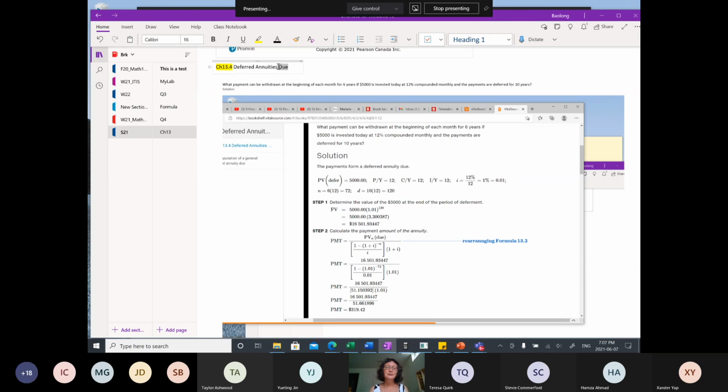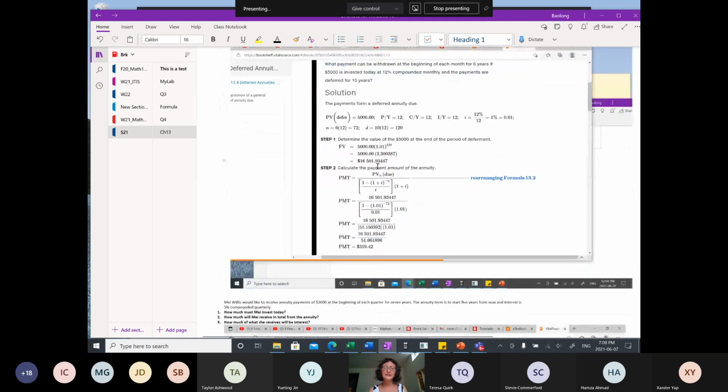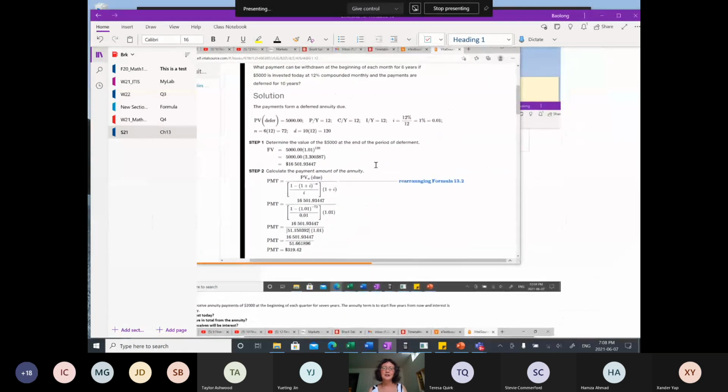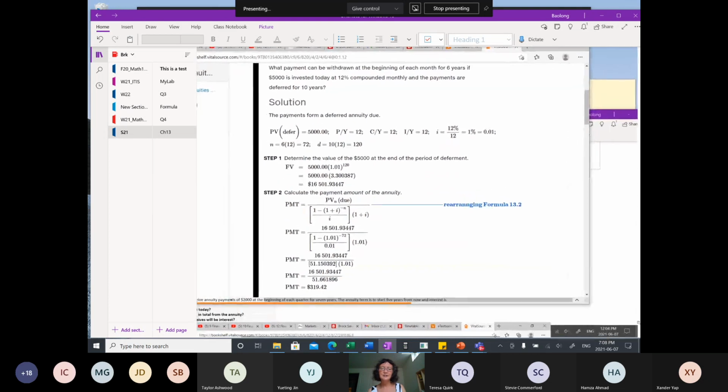Due means payment is made at the beginning. Deferred means you don't make payment until a certain time. For this session, I will present 2 examples. This is the first example.